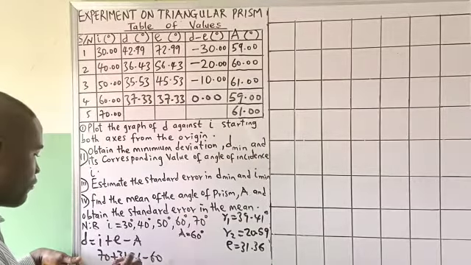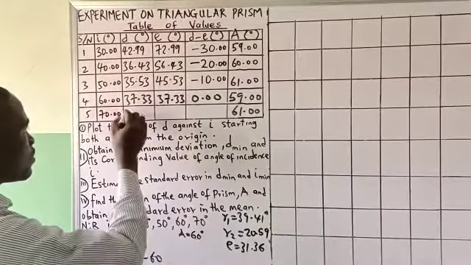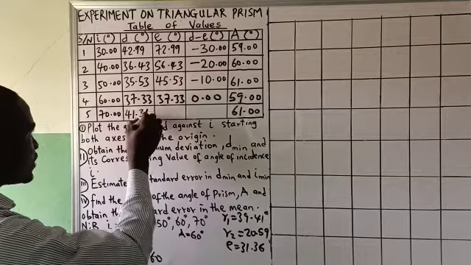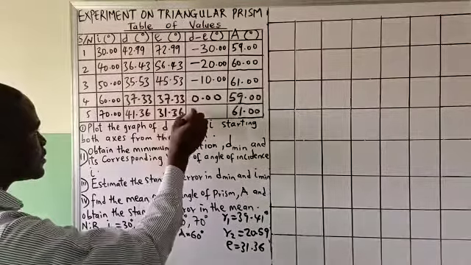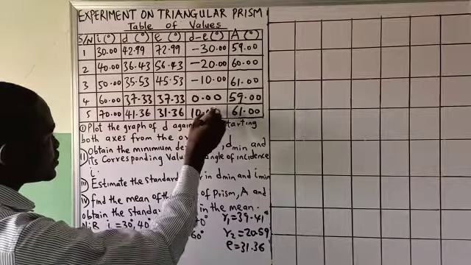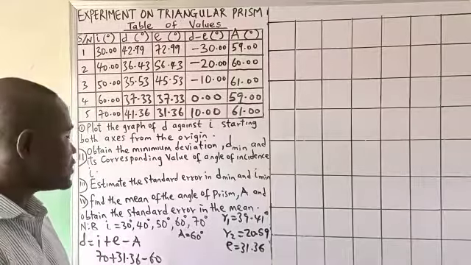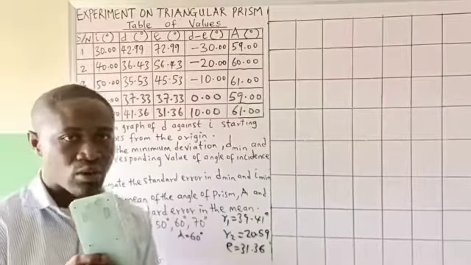That is 41.36. So we have D equals 41.36, 31.36, 10.00, and so on. So we have succeeded in making our table just using our calculator.